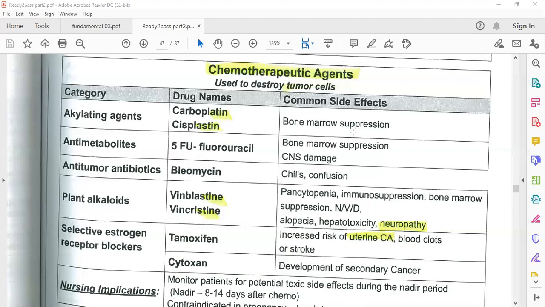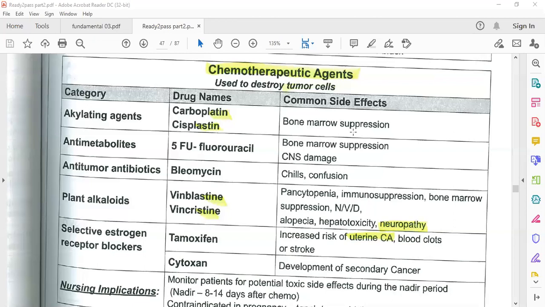If bone marrow suppression occurs, the bone marrow does not produce enough red blood cells and the patient develops anemia.